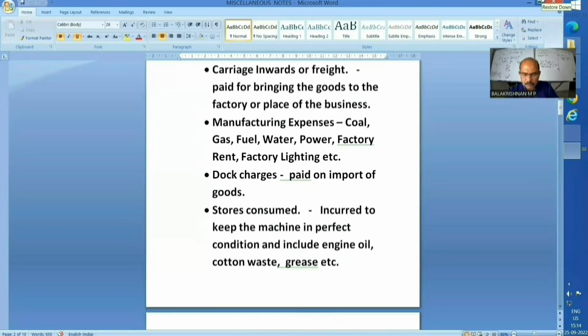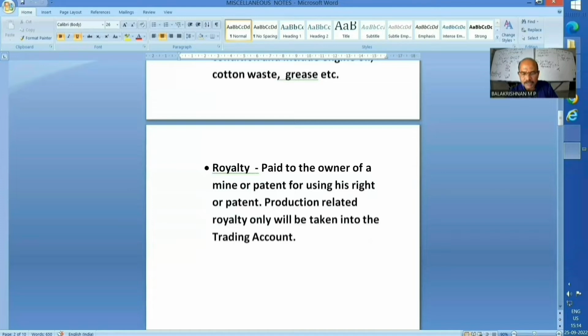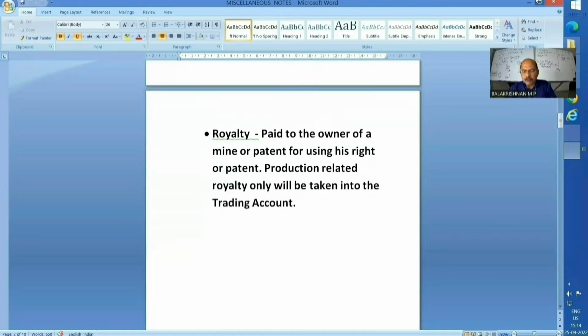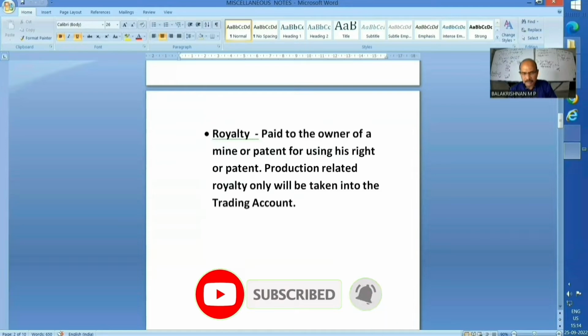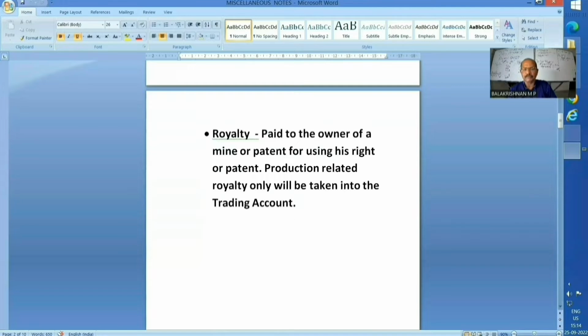Stores consumed, incurred to keep the machine in perfect condition, and include engine oil, cotton waste, grease, etc. Royalty, paid to the owner of a mine or patent for using his right or patent. Production related royalty only will be taken into the trading account. If they are specific that it is sales related royalty, you should take it into the profit and loss account.